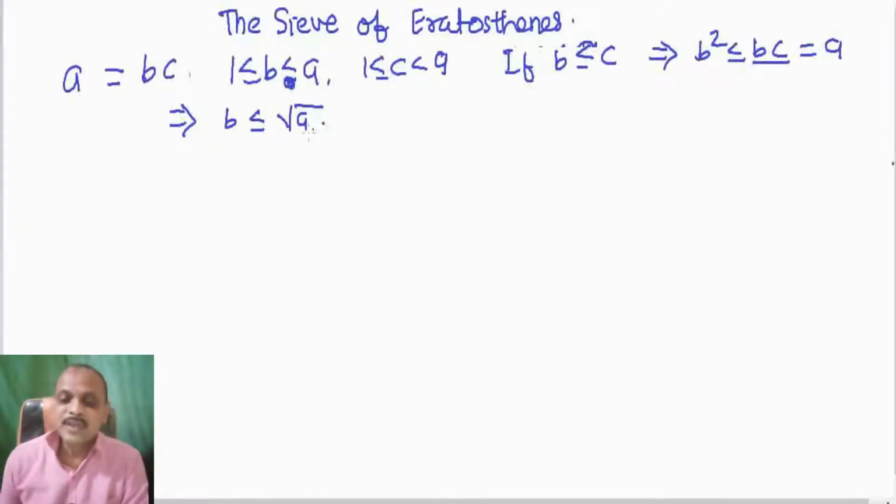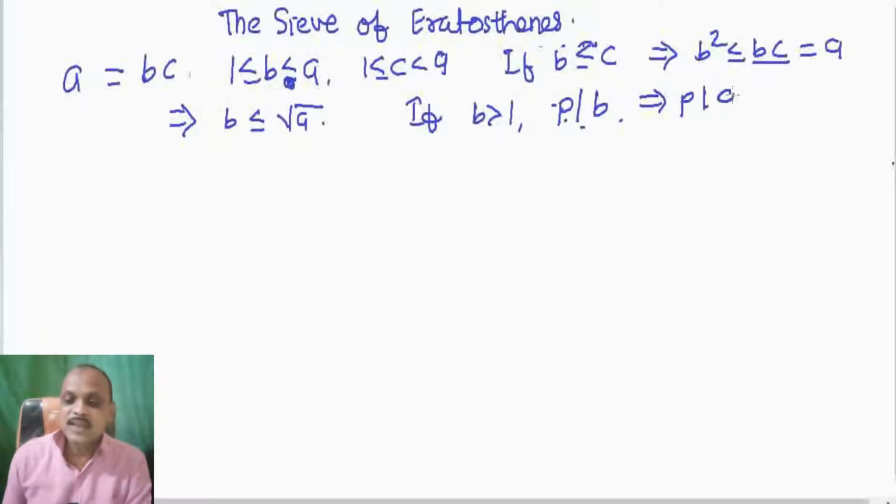Again, if b is a composite number, that is, b is greater than 1, then b has divisors. That means there is a prime p such that p is a divisor of b. If p is a divisor of b, obviously p is a divisor of a.